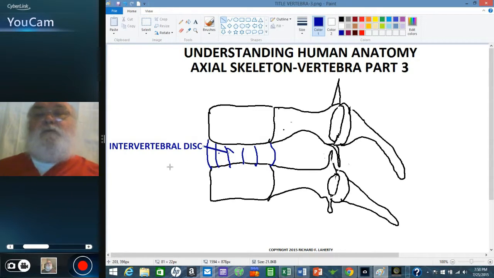The intervertebral disc. It is composed of a fibrous material called fibrocartilage with a gelatinous core.